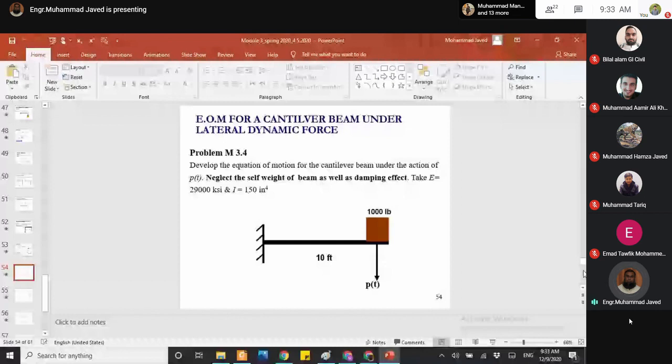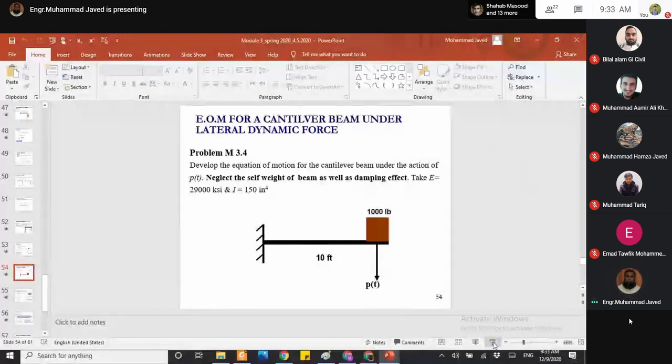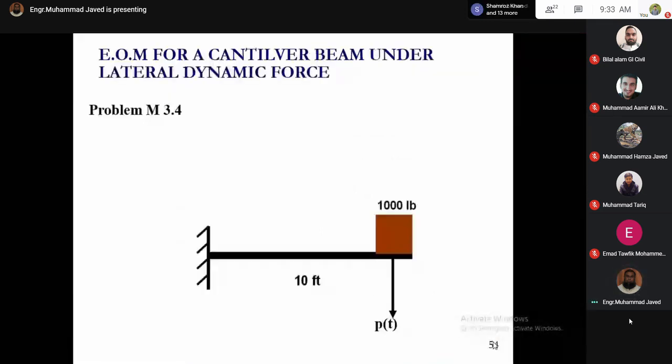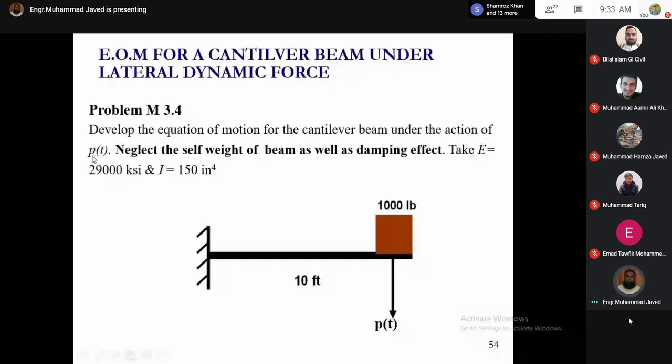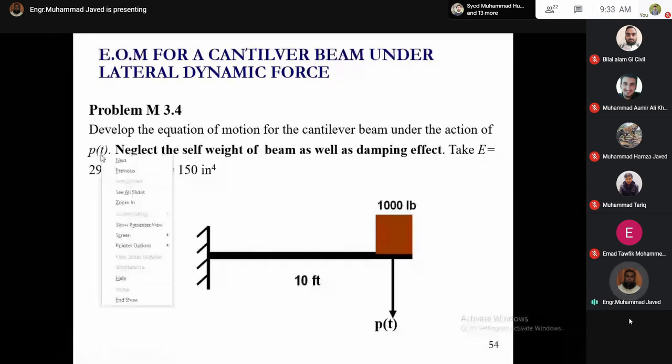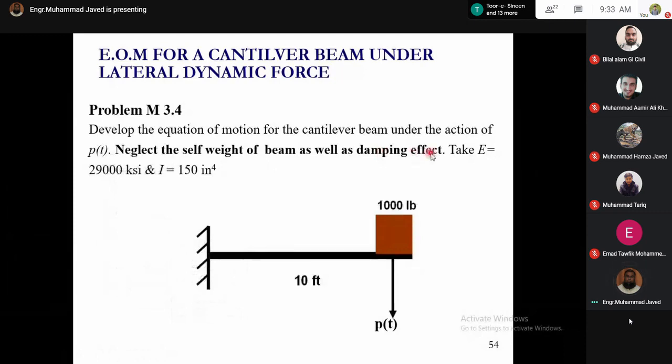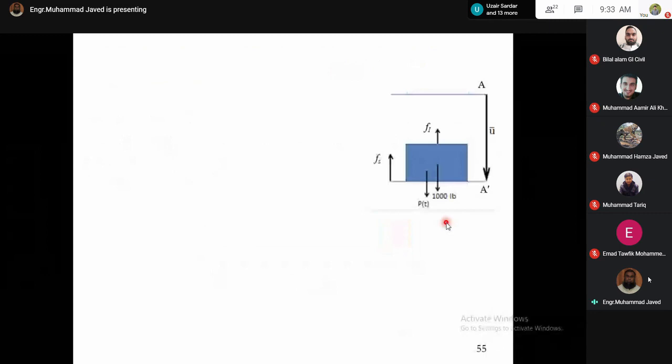So the next problem is to develop the equation of motion for the given cantilever beam under the action of dynamic force P of t. Neglect the self-weight of beam and damping effect. The problem is not very straightforward.